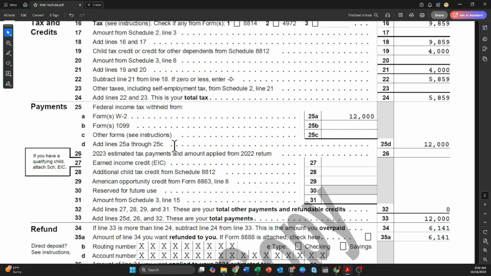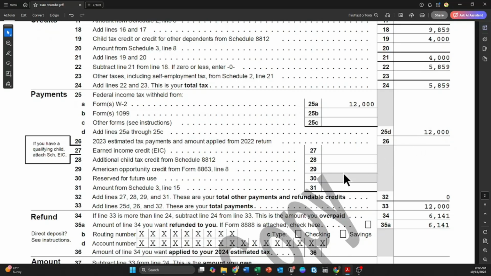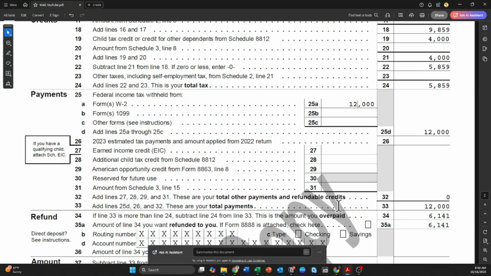He did not have any estimated payments, didn't qualify for the earned income credit, nothing like that. So we don't have to worry about any sort of other payments that they might have made throughout the year. The only payment they made was $12,000. So when we come down here, we can see his total payments was $12,000. And based on that information, we can determine whether or not he's going to be getting a refund or a payment.